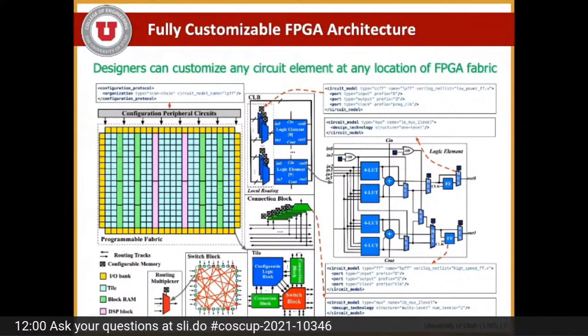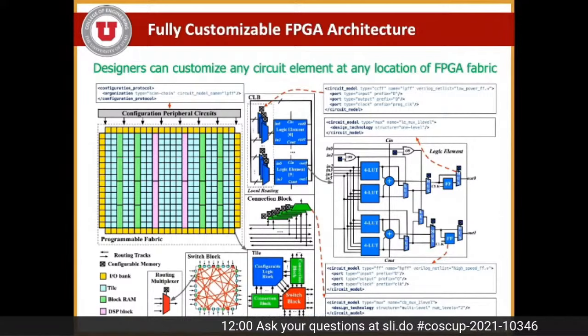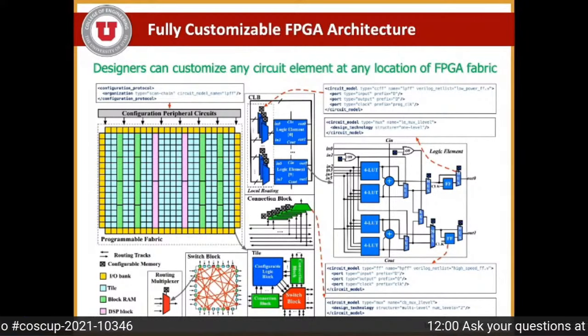OpenFPGA's features include that we strive for supporting fully customizable FPGA architectures for our users. It means we allow chip designers to customize any circuit elements at any location of the FPGA fabric.